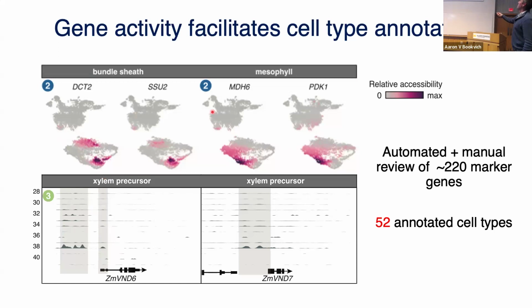Likewise, we have 2 genes that are specific to mesophyll cells, and if we look which cells show high levels of accessibility for those 2 genes, we see again co-localization and overlap, right? So we know that these 2 genes are specific to mesophyll, and we see the same cells show high levels of accessibility. And I'll just point out that we're using accessibility here as a proxy for gene expression.